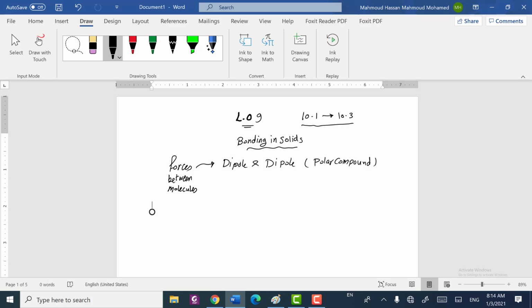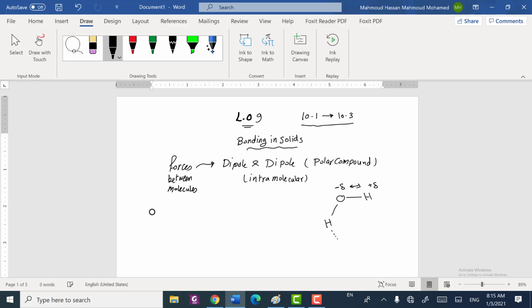Dipole can be classified as intramolecular, which means the force between the atoms inside the molecule. Like in the case of the water molecule, the attraction force between the oxygen and the hydrogen, since the oxygen has a partial negative charge and the hydrogen a partial positive charge, is considered a dipole intramolecular force inside the compound.